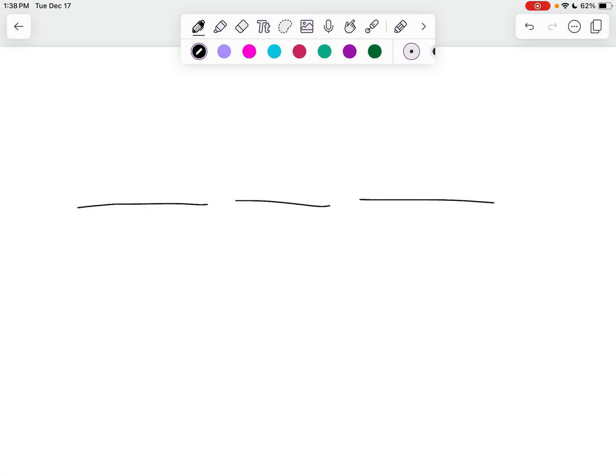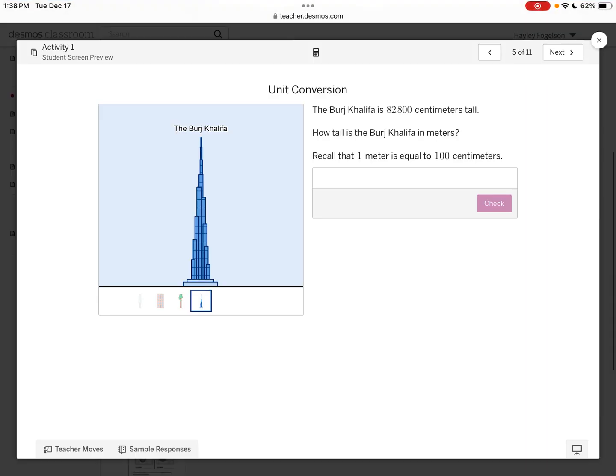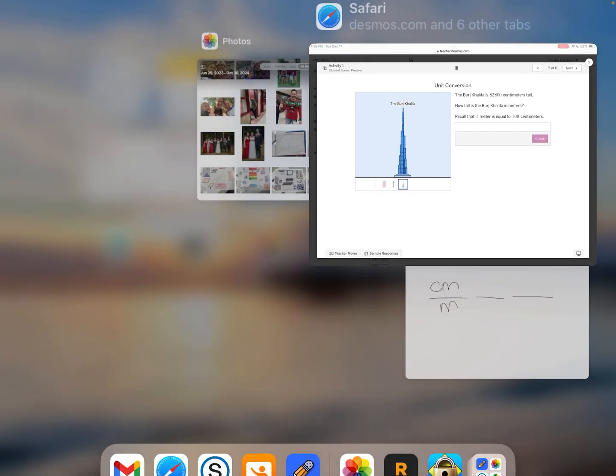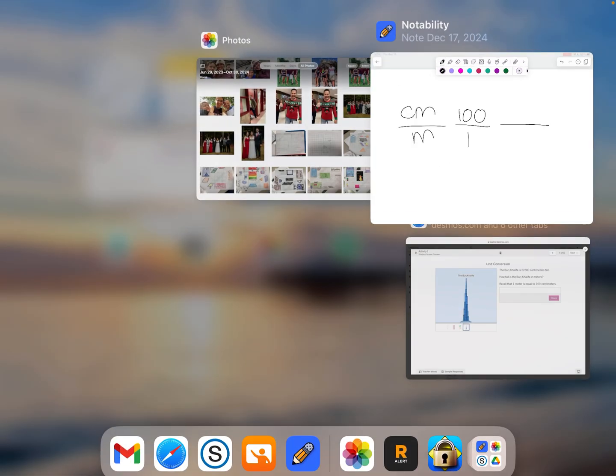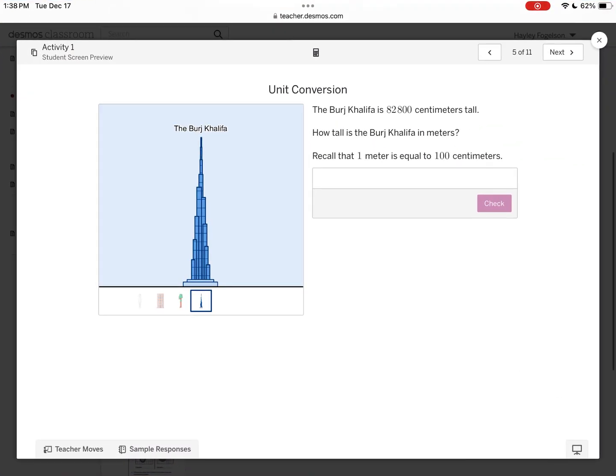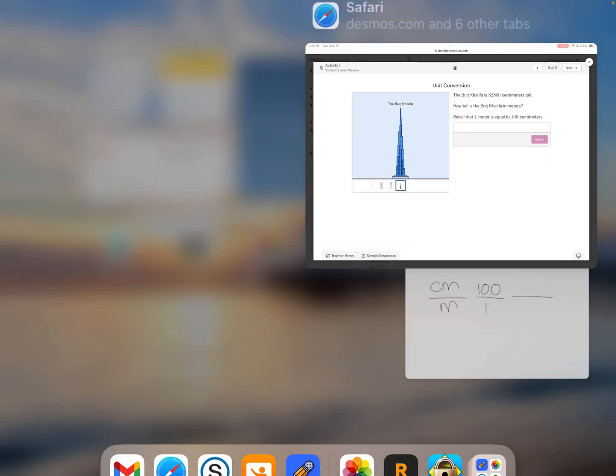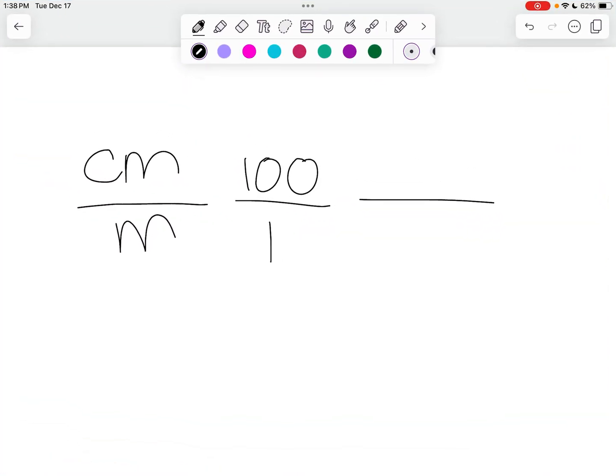So the two things that we were talking about were centimeters and meters. So we're going to set up our butterfly. Our helpful hint is saying that 1 meter is equal to 100 centimeters. So 1 meter equals 100 centimeters. And then, if we remember, it said it was 82,800 centimeters tall, and that goes on the top.